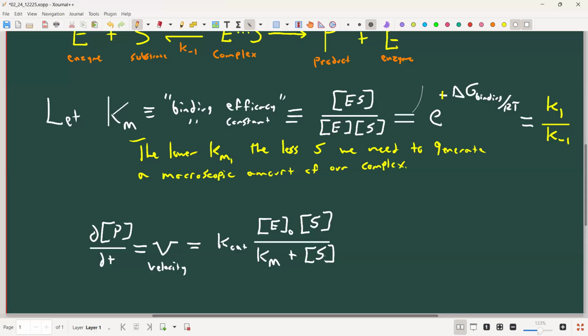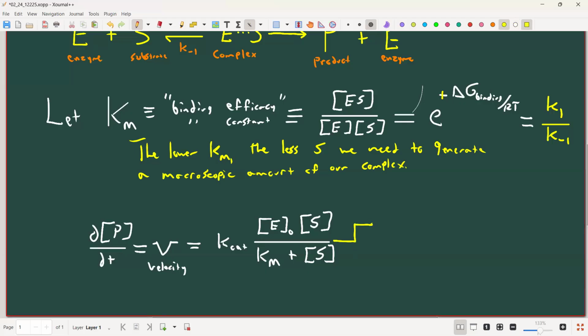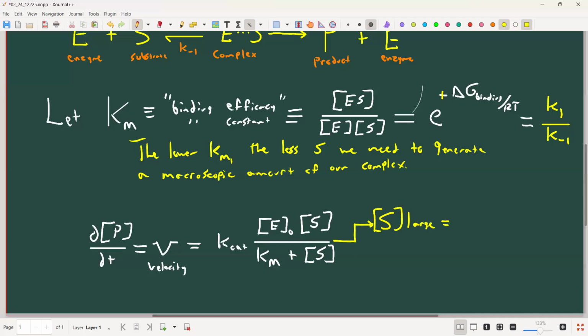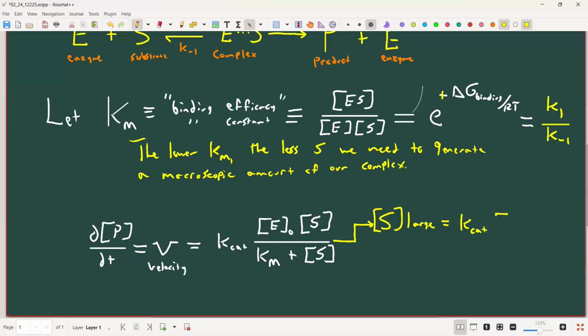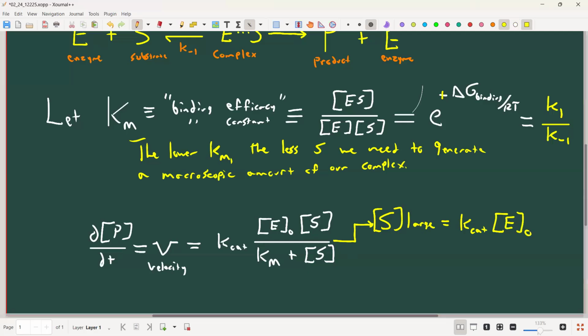If we take S to be very large, we've nuked our body with a large amount of drug. Km is basically a negligible number, and the S dependence cancels out, and we're left with Kcat E naught, which is the fastest the system can react.